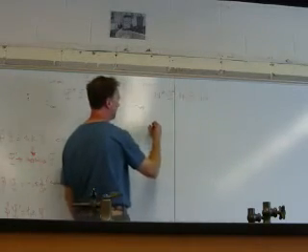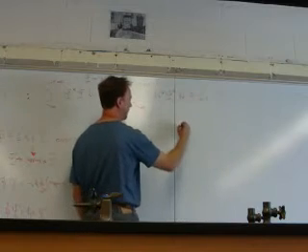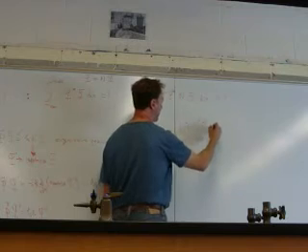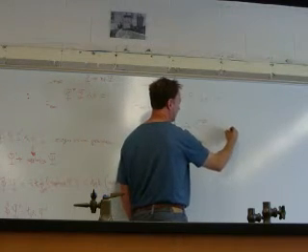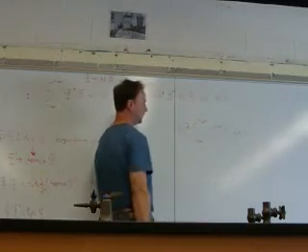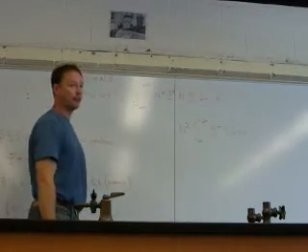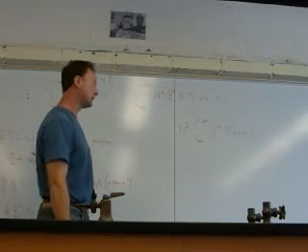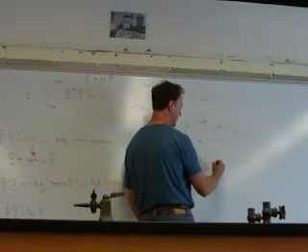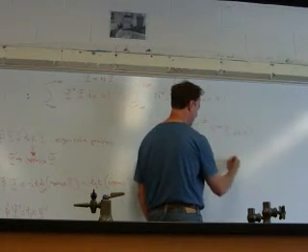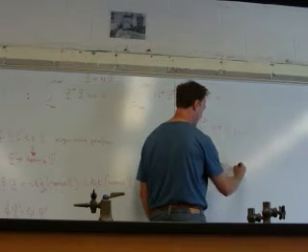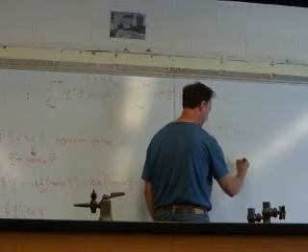What I'm left with is that n squared times the integral from minus infinity to plus infinity of psi star psi dx has to equal 1. You divide both sides by the integral, and what you get is n equals 1 over the square root of the integral from minus infinity to plus infinity of psi star psi dx.